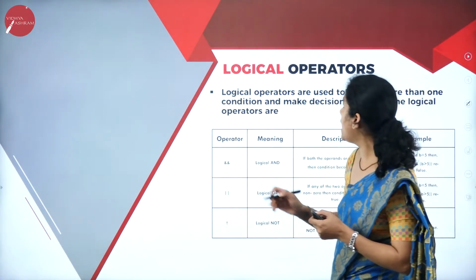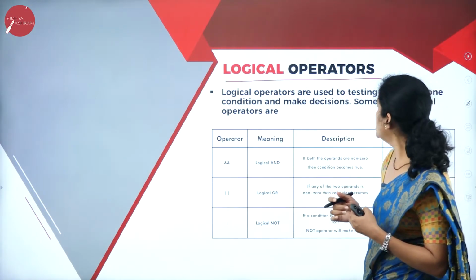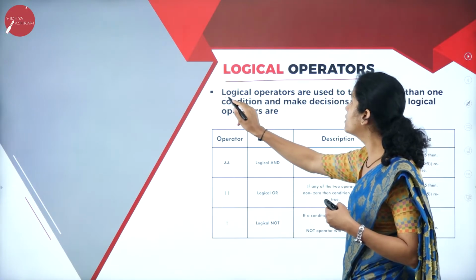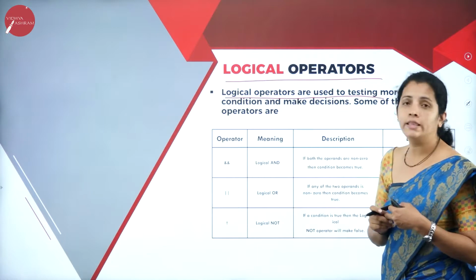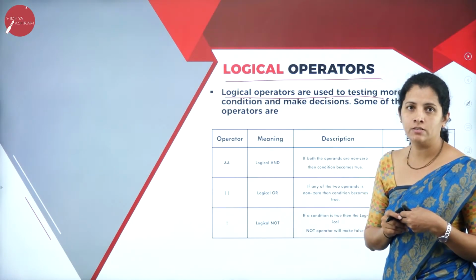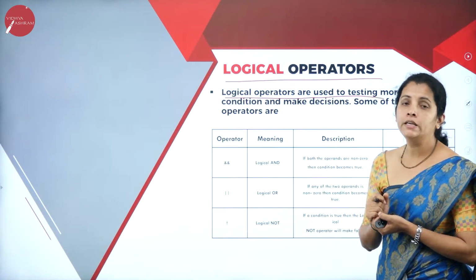Then I'm going to have the logical operators. So what is a logical operator? Here logical operators are used for testing more than one condition. So why am I going to use a logical operator here?